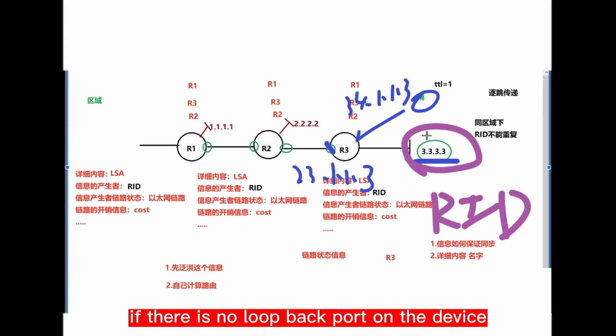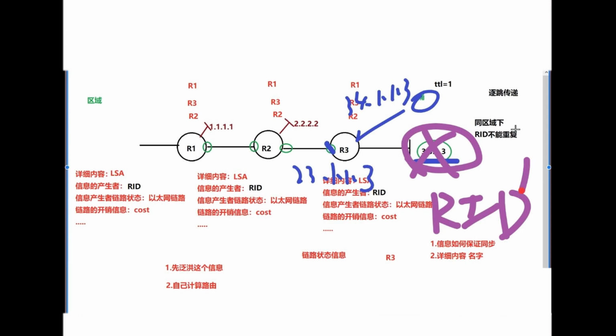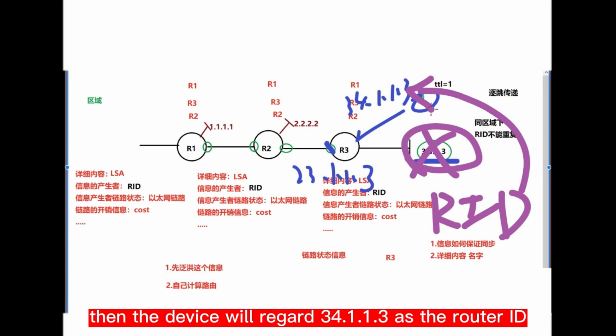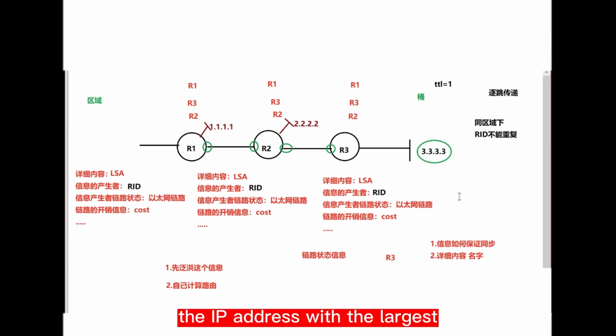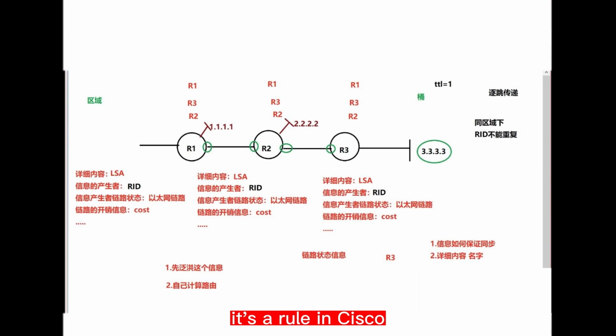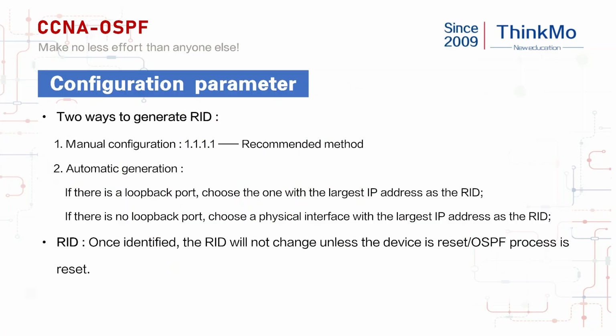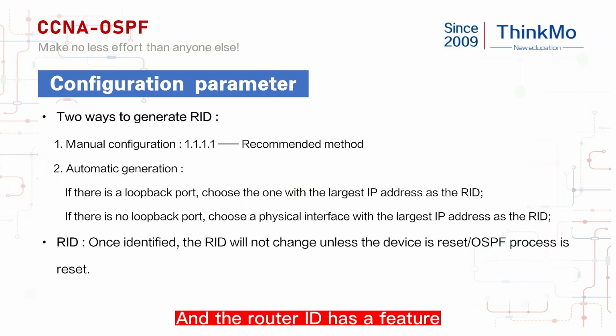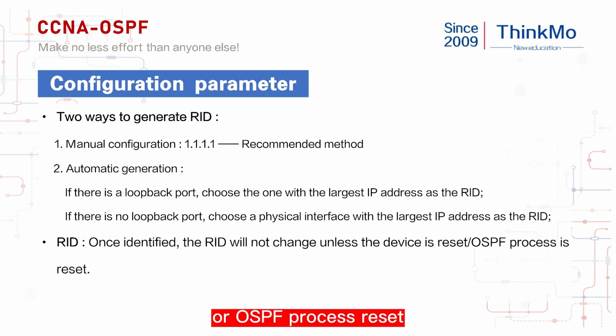If there is no loopback port on the device, then the device will regard 34.1.1.3 as the router ID. The largest IP address of the physical interfaces will be selected. It's a rule in Cisco. And the router ID has a feature: as soon as it is determined, unless the device is reset, or the OSPF process is reset, it won't change.